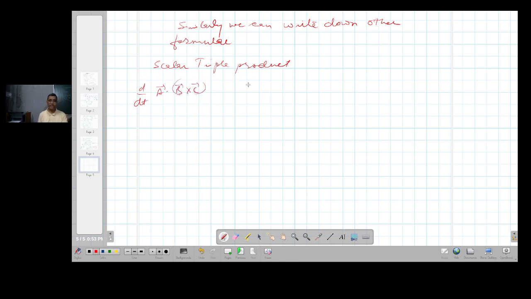Here we have to take the derivative of the first vector, and the second and third vectors remain as it is. Then the first vector as it is, dot, derivative of the second vector db over dt, and the third vector remains, with the cross product, right? Plus a dot b as it is, cross dc over dt. So this is the formula for the derivative of the scalar triple product.